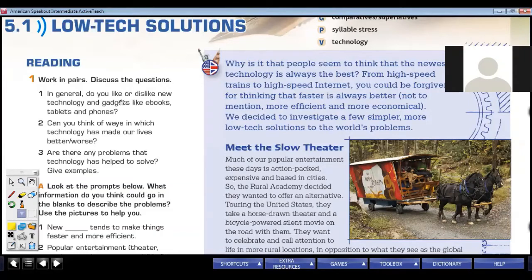And what do you think about this kind of thing? Take a look at the questions. What do you think about ebooks, tablets, and phones? Do you like them, or you just don't like them? What do you think about those, like ebooks, tablets, and cell phones?